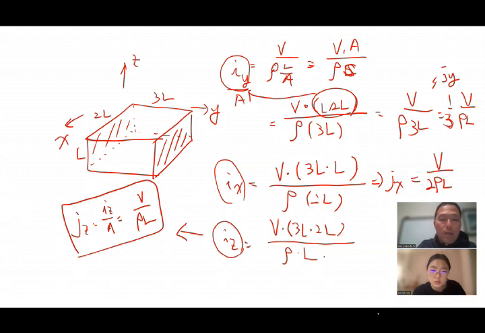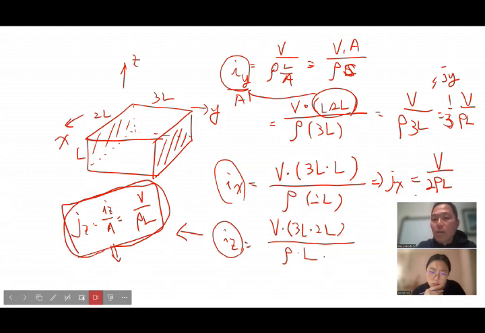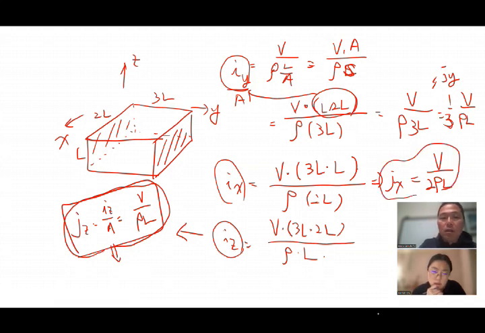I think Jz is the highest current density, and the current density along the x-axis is second, and the one along the vertical direction, Jy, should be third.